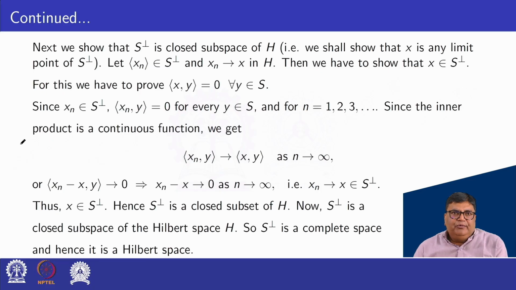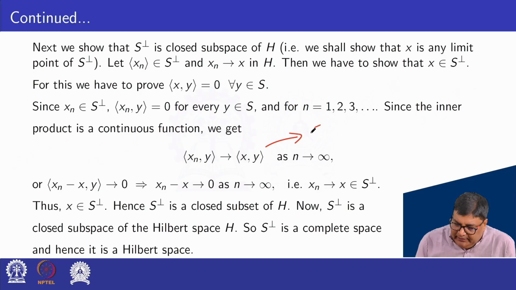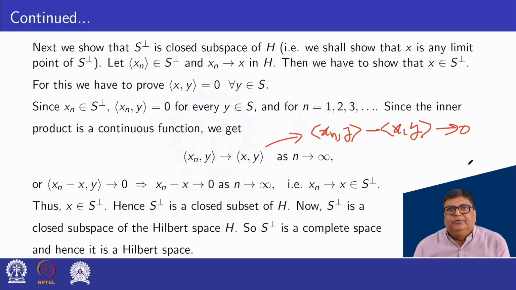Since the inner product is a continuous function, we have inner product of xn y converges to inner product of X y as n tends to infinity. This can be written as inner product of xn y minus inner product of X y tends to 0.